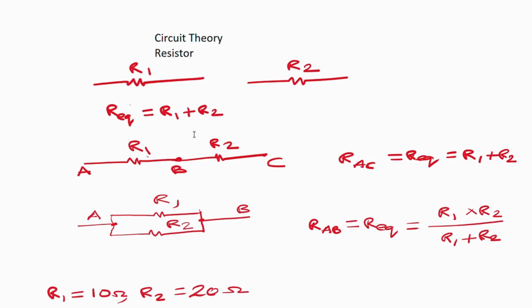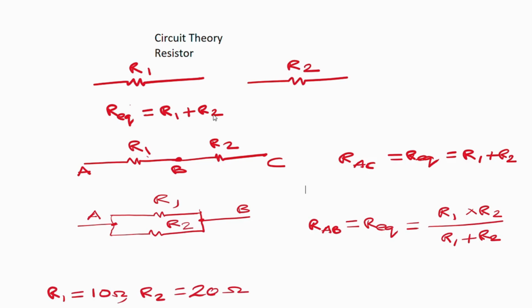And if we connect these two resistors in parallel, what will be the equivalent resistance? If R1 and R2 are connected in series, the equivalent resistance is R1 plus R2. So R equivalent equals R1 plus R2.